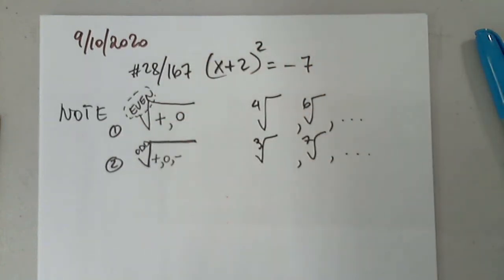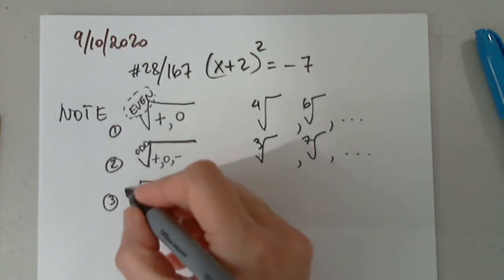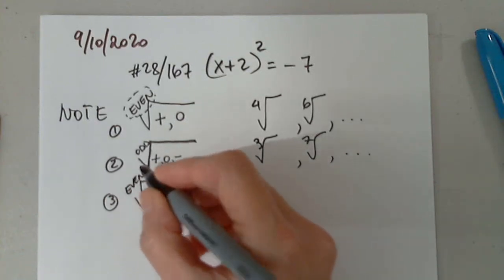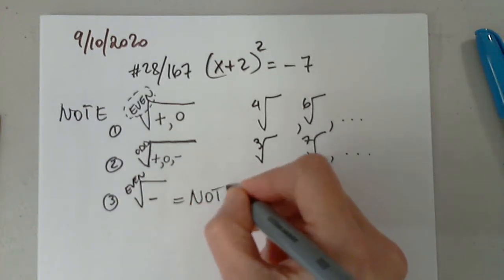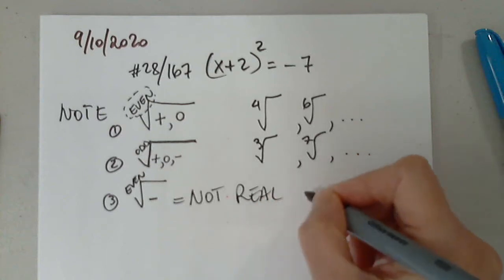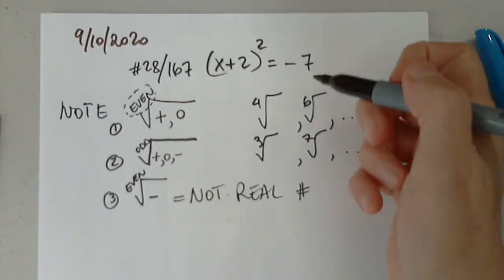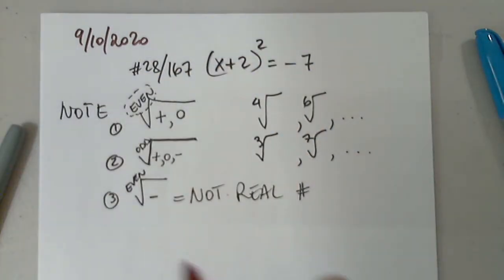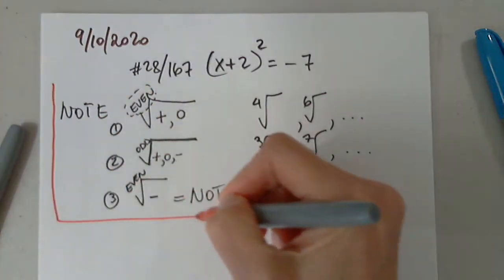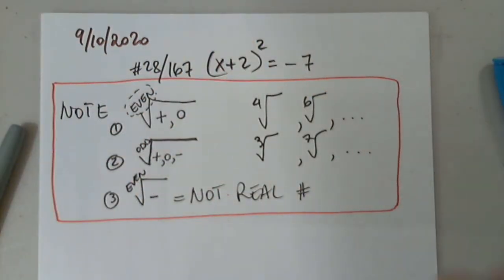What happens as the third note? What happens if I take a square root or an even root, the fourth or the sixth root, of a negative number? This is not a real number. So please keep this note in mind, because we're going to use this concept a lot when we talk about radical functions.